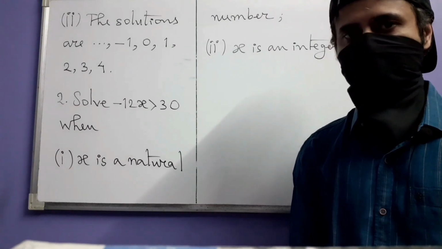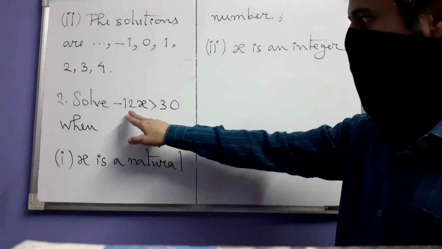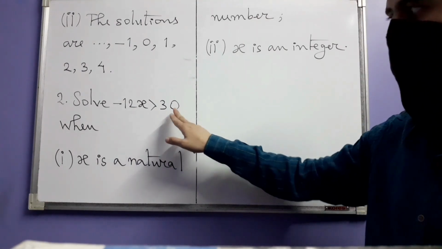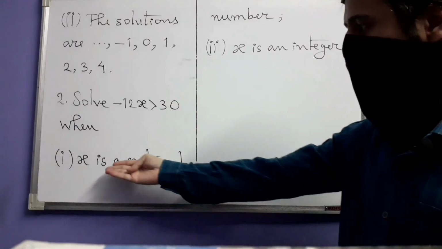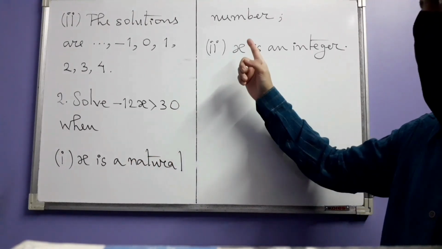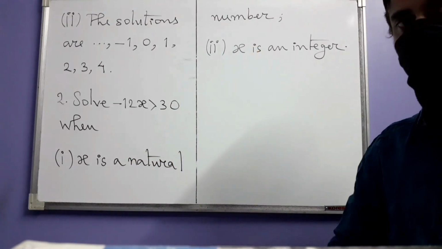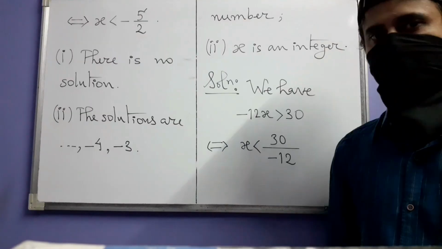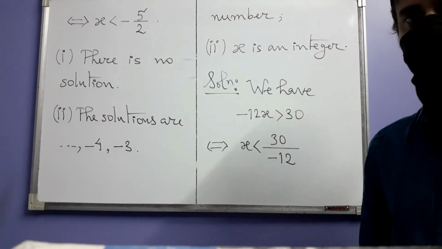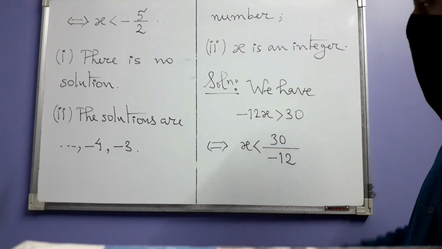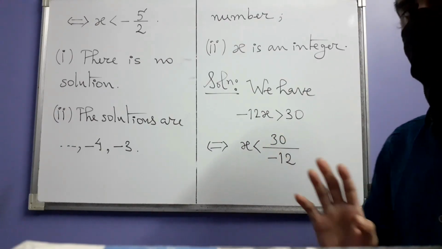Next we have number 2, where the inequality to solve is minus 12x greater than 30, and the conditions are the same again. In the first one, x needs to be a natural number, and in the second one, x needs to be an integer. So we write the inequality minus 12x greater than 30, and then to isolate x we divide both sides by minus 12.